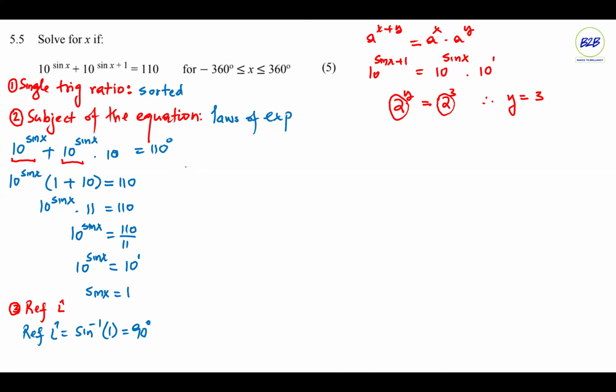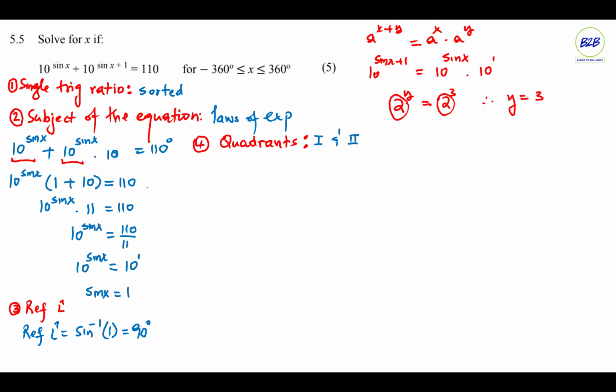And then we go to our fourth step, which is to select quadrants now. We select quadrants. And we see that, oh, okay, we have sine of x equal to 1. That 1 is positive. So that means also sine is positive, which is in the first and in the second quadrant.